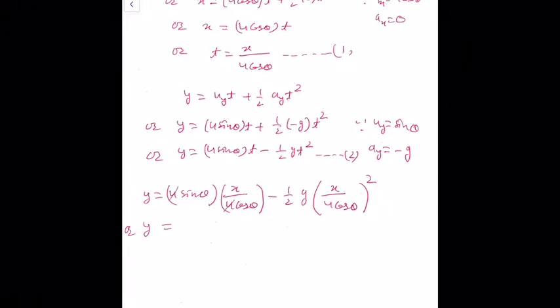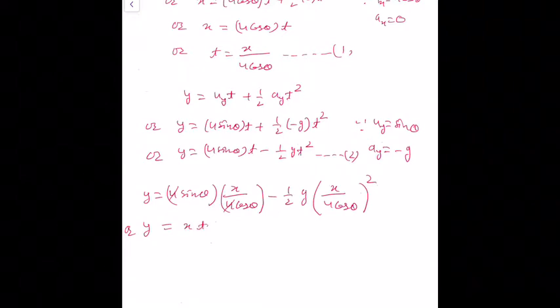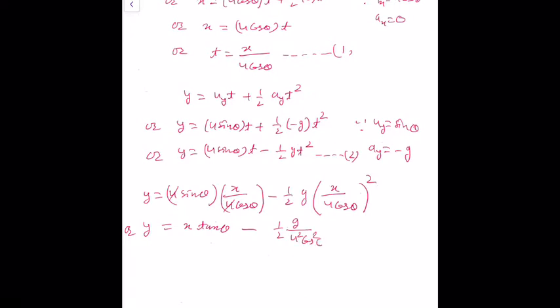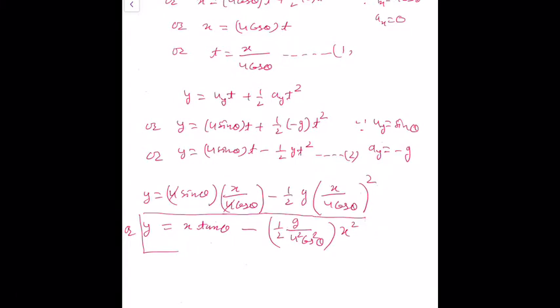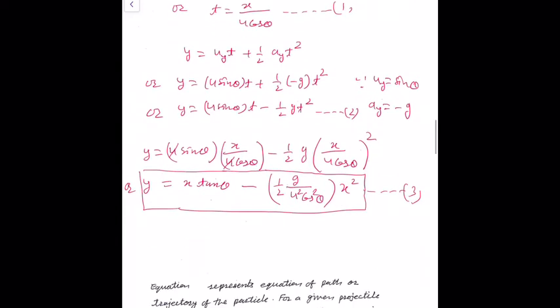Or y equal to, u cancel, so x tan theta (sin theta upon cos theta is tan theta) minus half g upon u square cos square theta into x square. It is equation third.